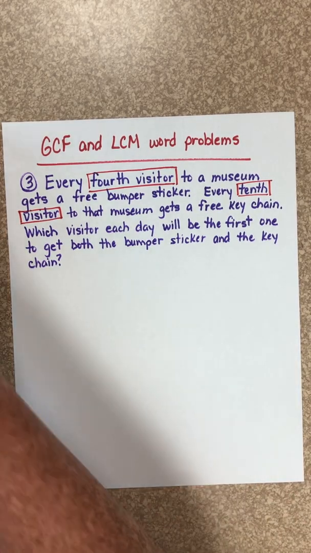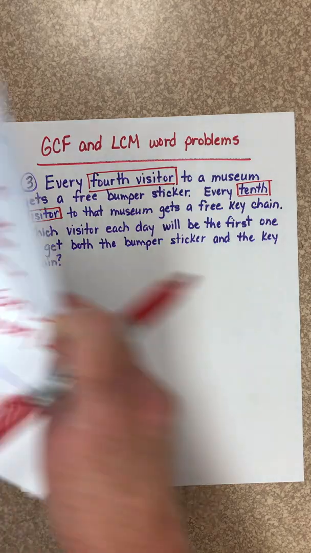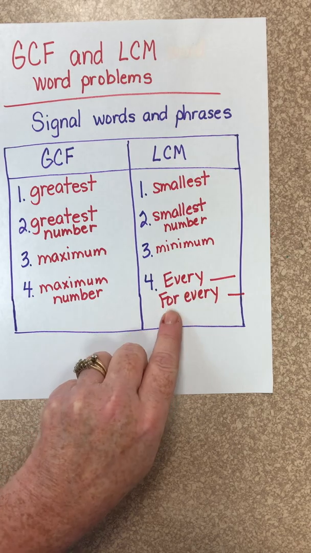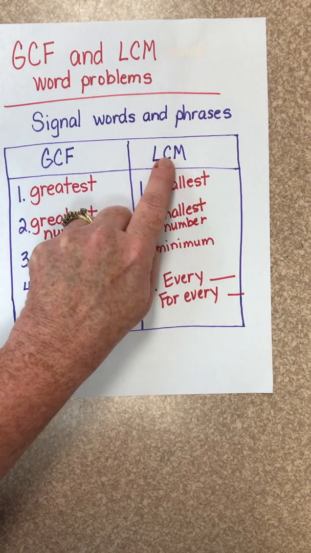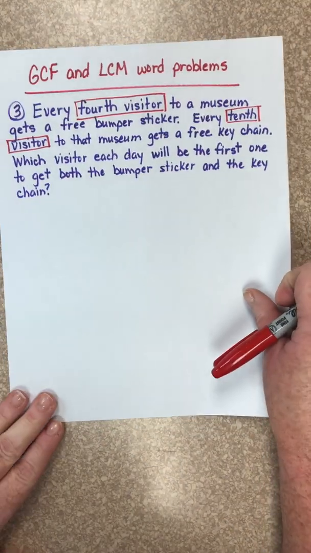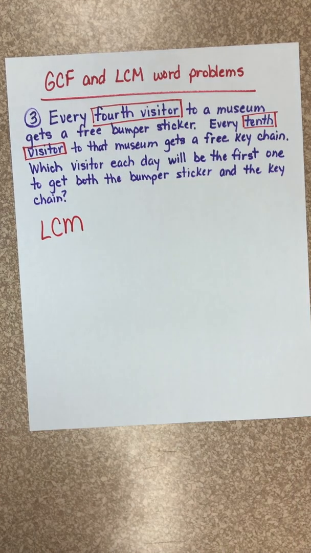So if I go back to that table that we started with, I notice that whenever I see every or for every, we're looking for the least common multiple. So that means I'm going to look for the least common multiple.